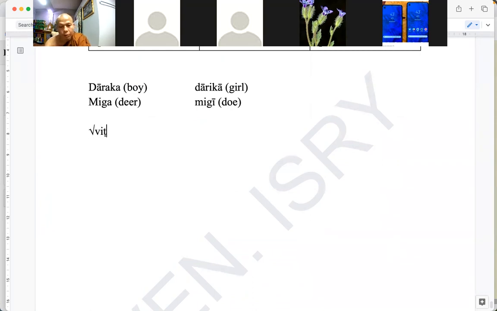So root is wheat or weight. But sign is A and the D. So we have the weighted.